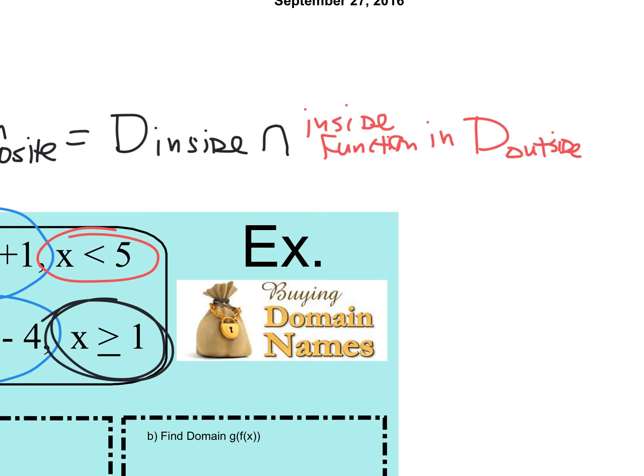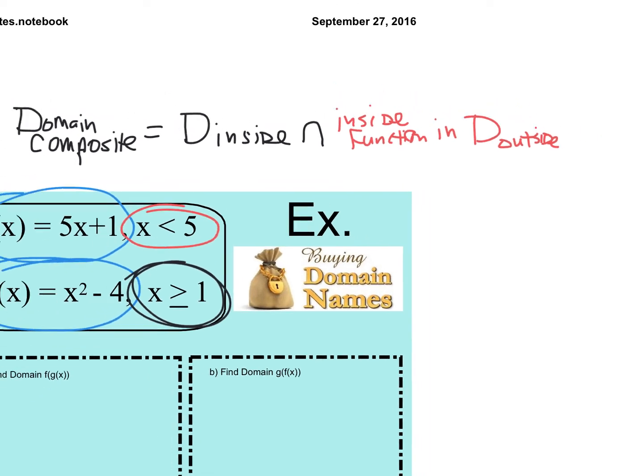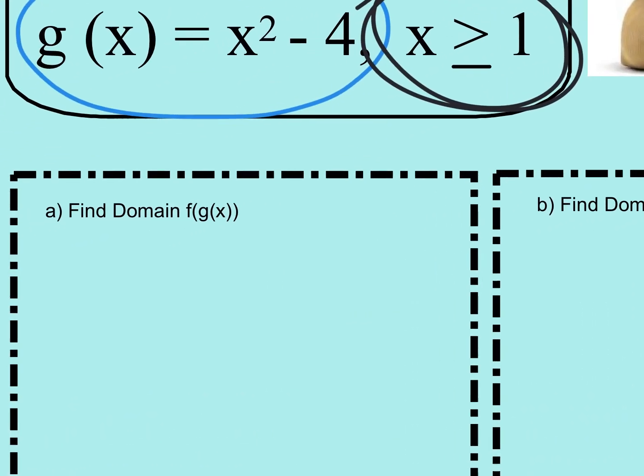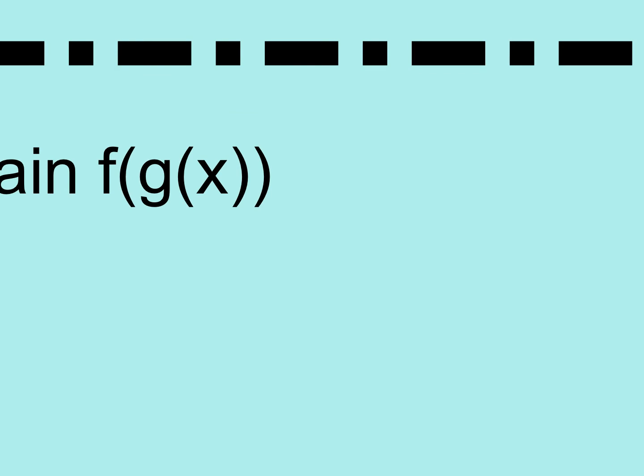So watch me use that on this first question. Find the domain of f of g of x. All right, which one's the inside function then? G. Which one's the outside function? F. Okay.